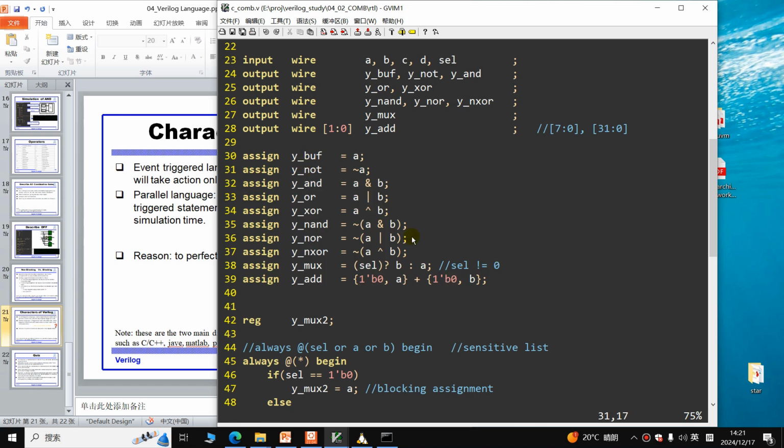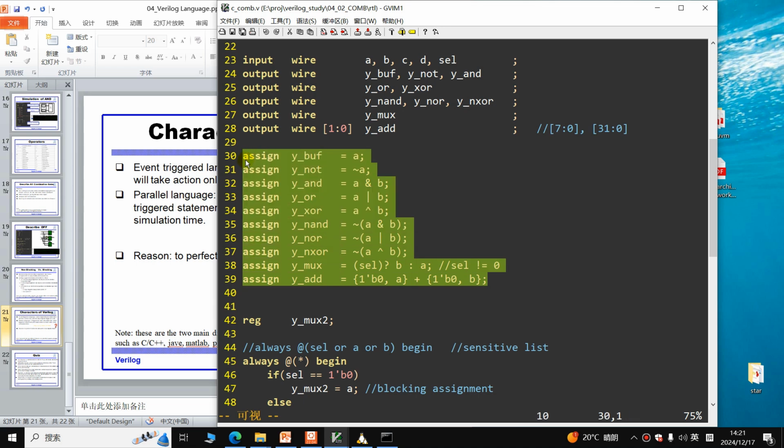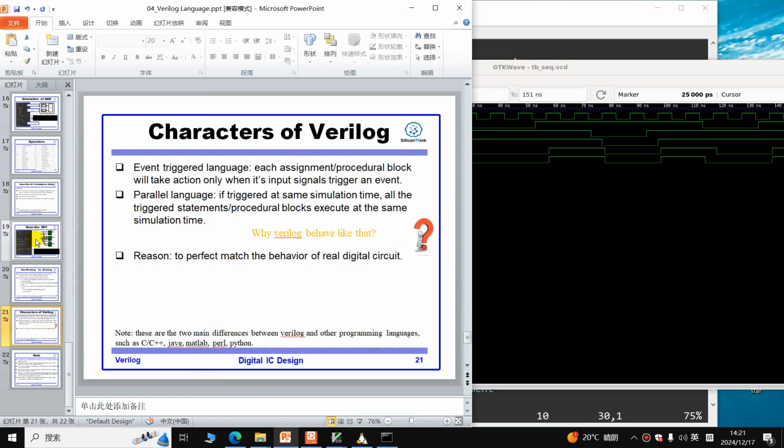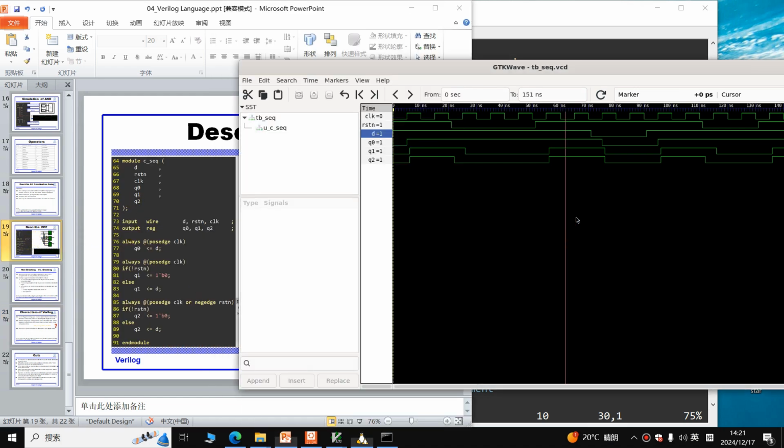That is, evaluate the output value of all these statements. At simulation time, you can see all the values of these statements change at the same simulation time. And for the D flip-flop case, at a positive clock edge, for example at this point, all the values on the D inputs will be latched onto the Q outputs of the 3 registers.